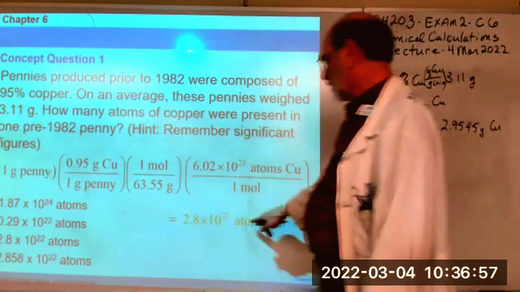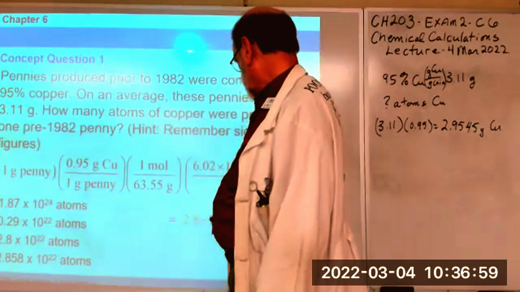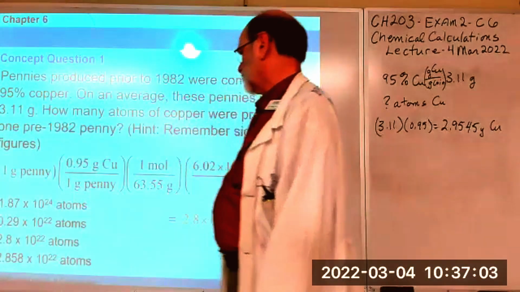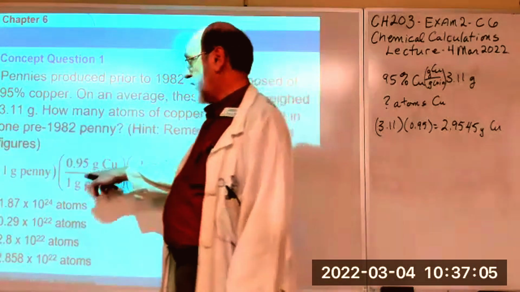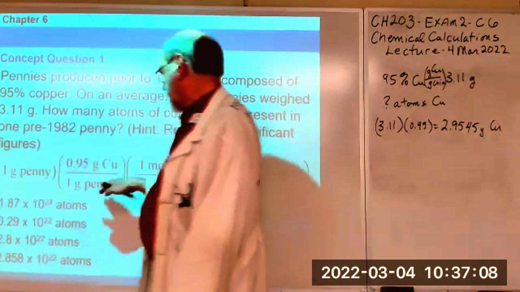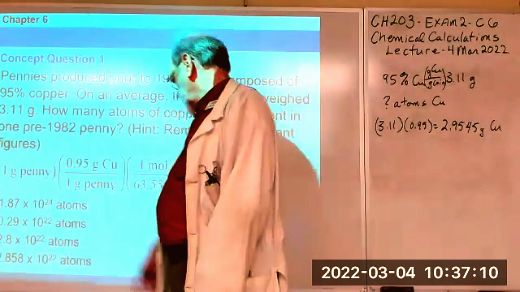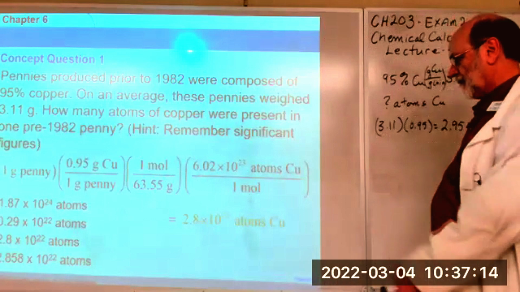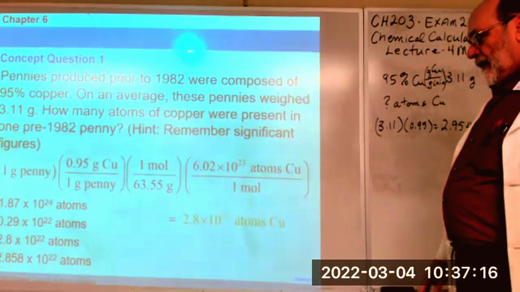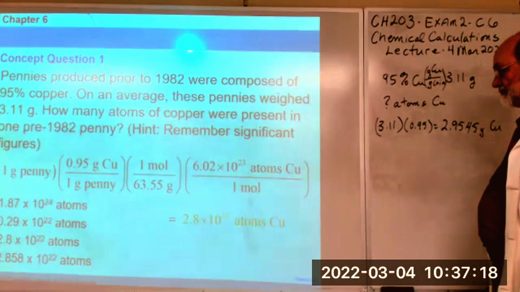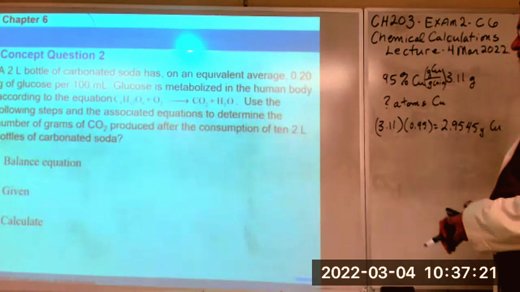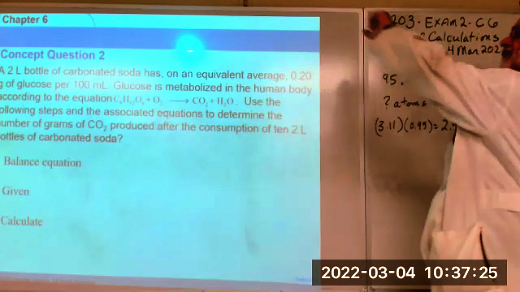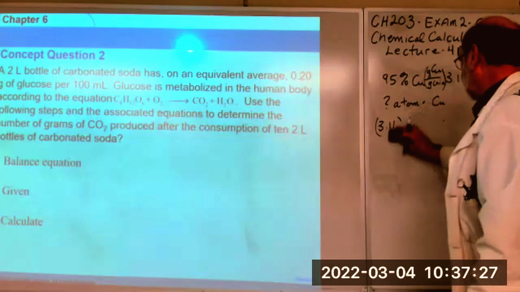I think what we're doing is we're limiting the significant figures to this. I wouldn't have limited, I would have gone with this one, because that in my mind is a conversion factor. So probably should have had 3 significant figures out there. Anyway, the method's the same. Okay. So concept, yeah, we got time.